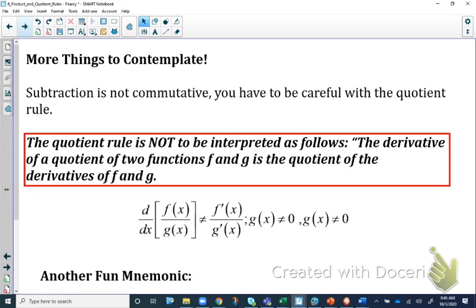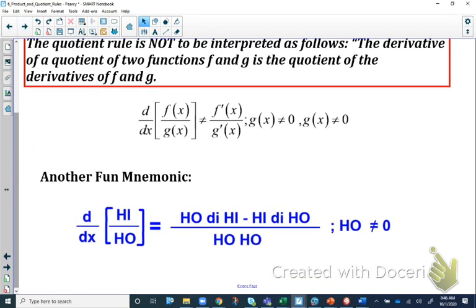Here, what they're telling you is that in this case the subtraction is not going to be commutative, so you do need to pay attention to the order that you do the numerator, low D high minus high D low. Here they're giving you another mnemonic which I've personally never used. They have the high part still as being the high part, but they're calling the low part ho, like hi ho, it's off to work I go kind of thing.